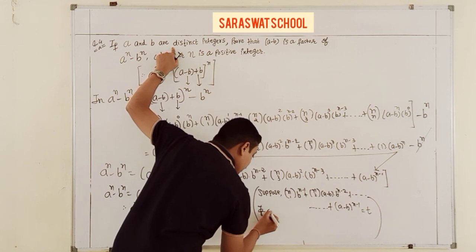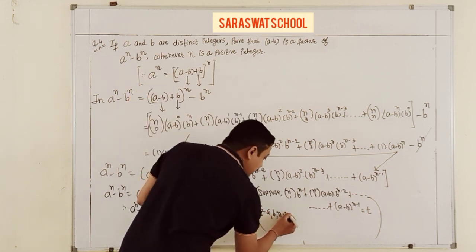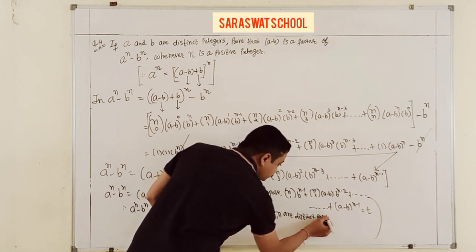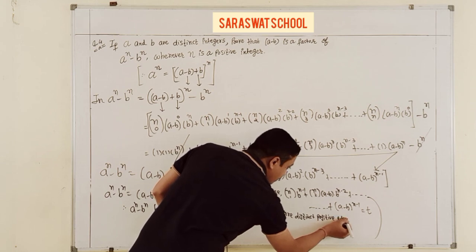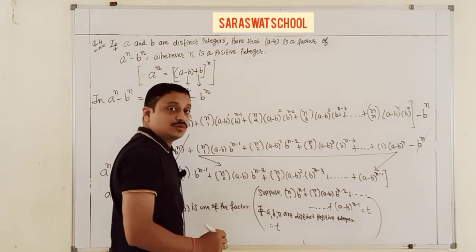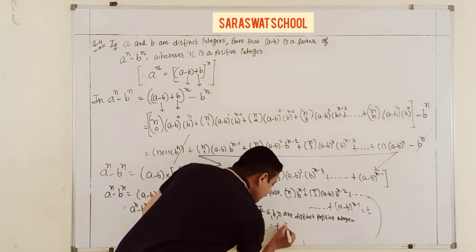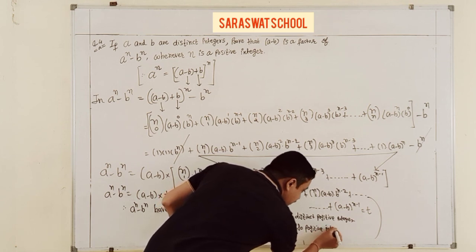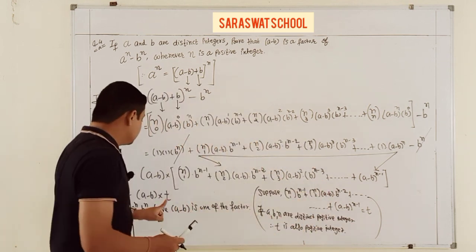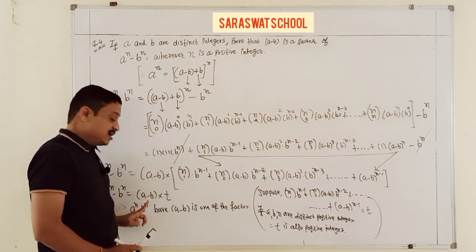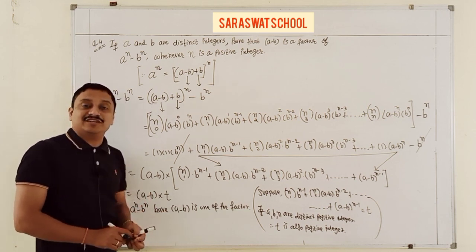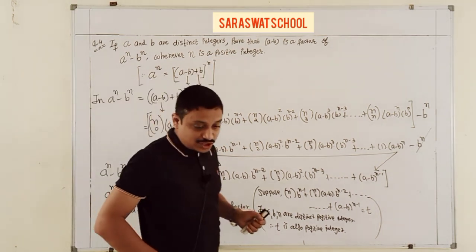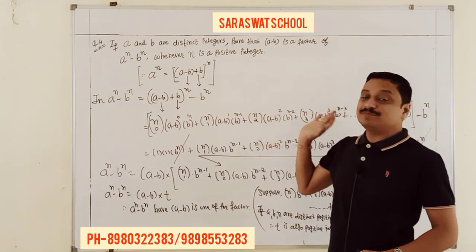So if a, b and n are positive integers, then t is also a positive integer. Yes, t is also a positive integer, and you get t times (a minus b). Therefore, a minus b is one of the factors of a raised to n minus b raised to n. Students, our question number 4 is happily done, and this part is finished.